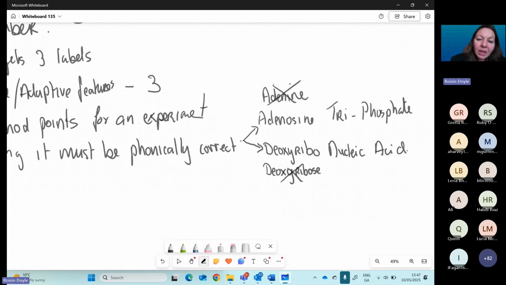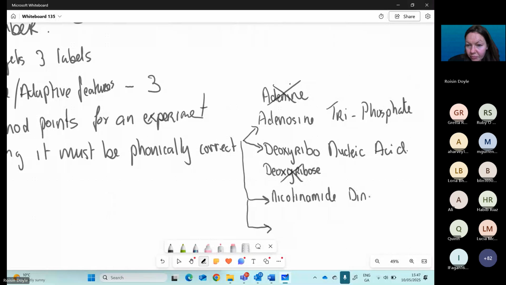Again, for those of you that have studied both photosynthesis and respiration, you need to know what the letters NAD or NADP stand for. So NAD, which is the version you use in respiration, stands for nicotinamide adenine dinucleotide.